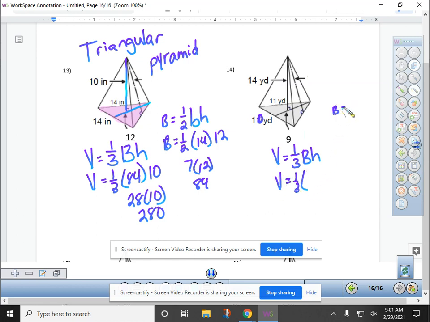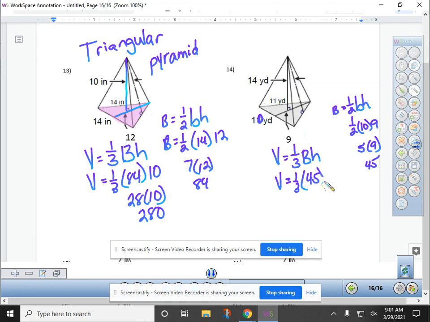What's that formula? 1/2 times base times height. What is the base of the triangle? 10. What is the height? 9. What is half of 10? 5. And 5 times 9? 45.